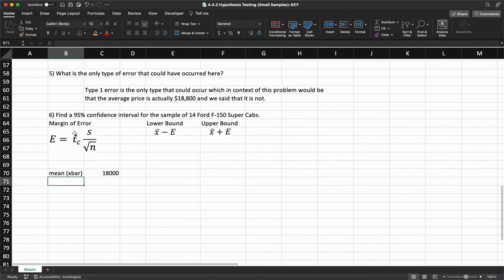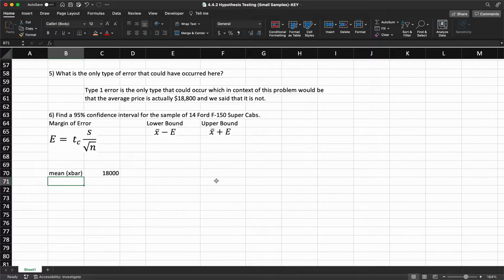It's nowhere in this formula, and remember, when you're setting up a confidence interval, you're assuming that the mean of the sample that you drew out of the population is the true mean, and then you create an interval around that mean, and you're hoping that the population mean is somewhere in that interval.